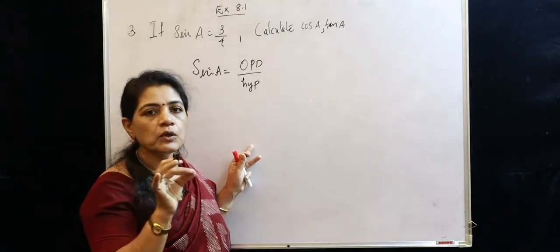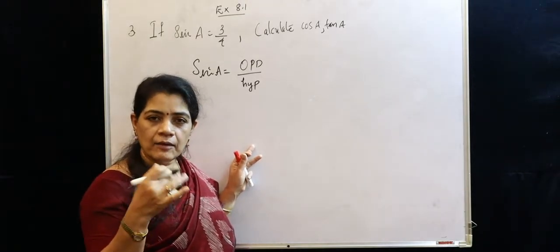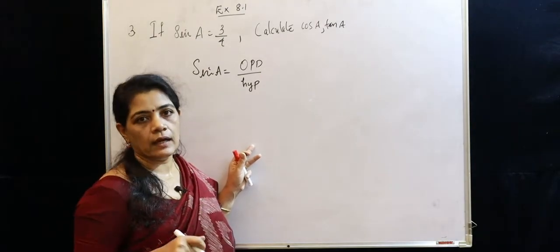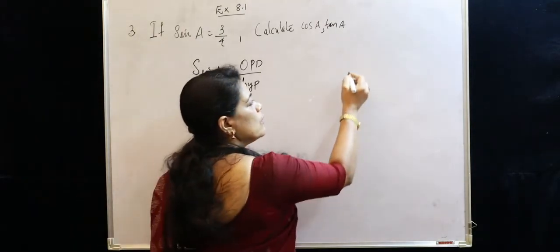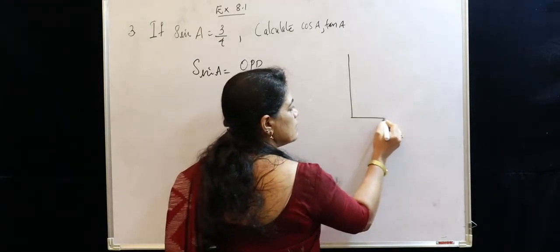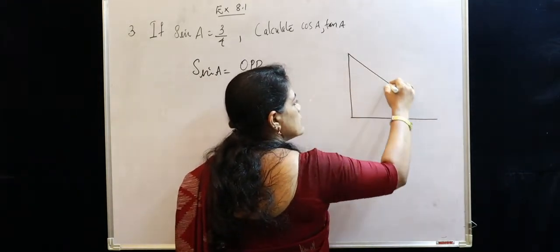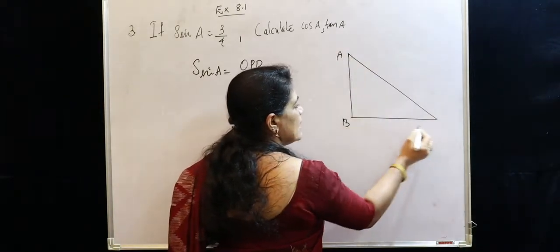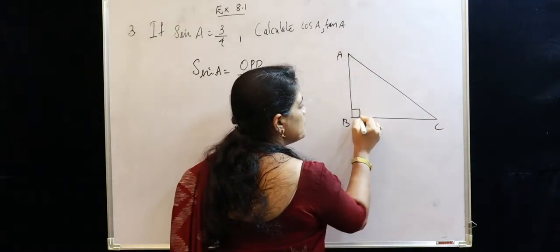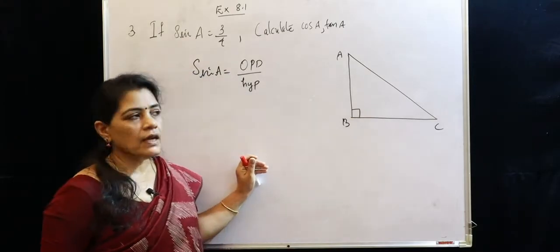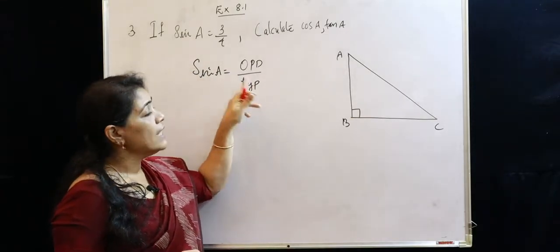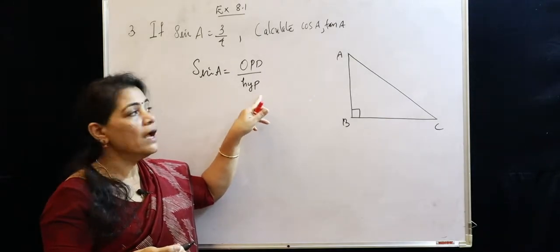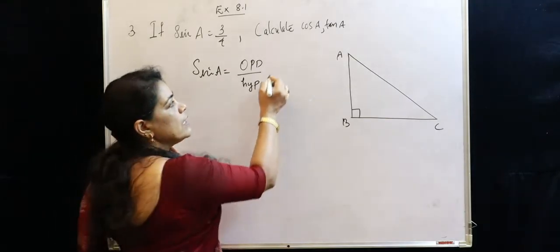That means we can draw a right triangle ABC, right angled at B, because here A is an acute angle. Either B or C, that doesn't matter. So I am drawing a right triangle ABC, right angled at B. Sin A is 3 by 4, that means opposite side divided by hypotenuse is equal to 3 by 4, right?